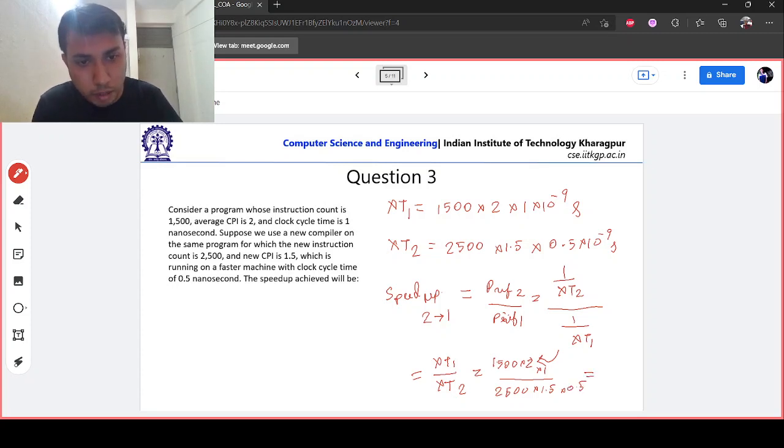So if we calculate this, it is 0.30 divided by 25 into 0.75.